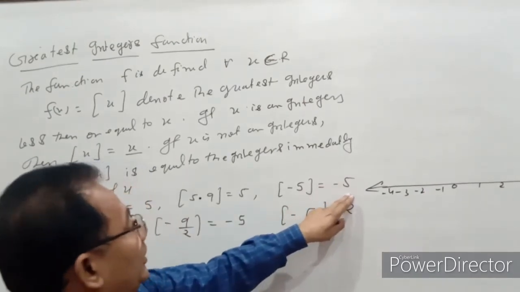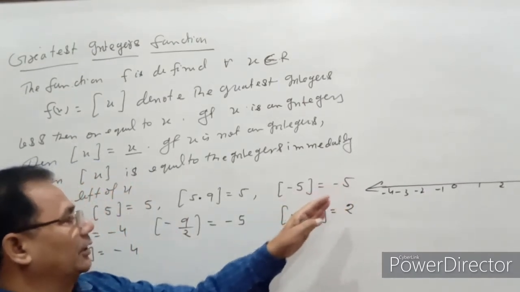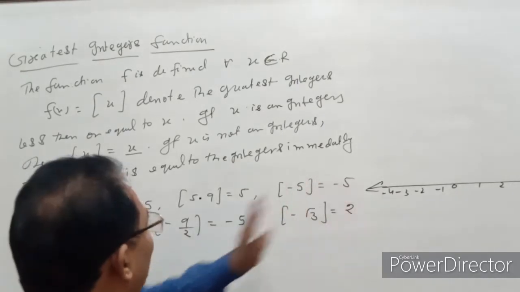But minus 5 is also an integer, and it is a complete integer, therefore minus 5.